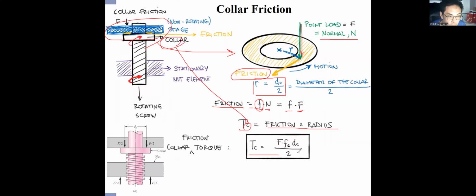So TC equals f times fc, where fc represents the collar friction, times dc over 2, that's the radius. Therefore the torque generated from the friction between the collar and the non-rotating stage is defined as TC, the collar friction torque.